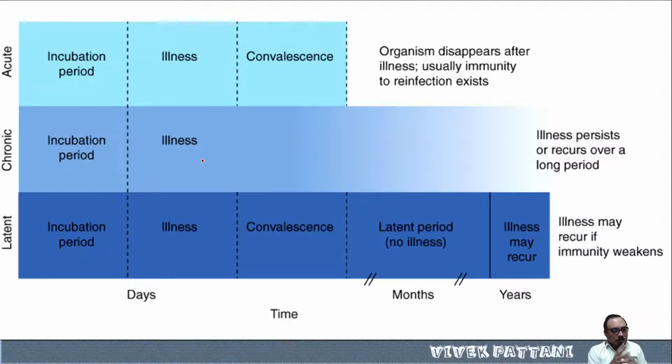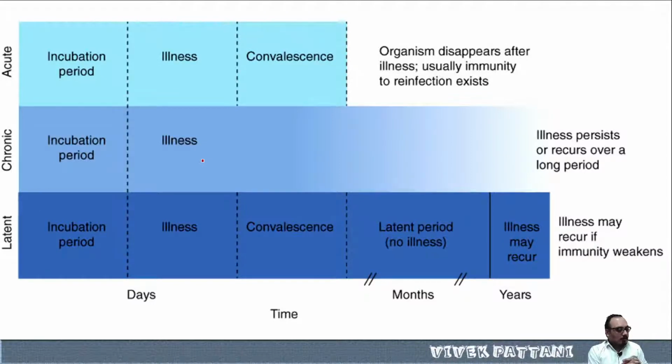Finally comes the convalescent stage, at which the signs and symptoms of the disease start to disappear. In this case, the organism disappears after illness, and usually immunity to reinfection exists. If there is any chance of reinfection, immunity will be provided by the body.